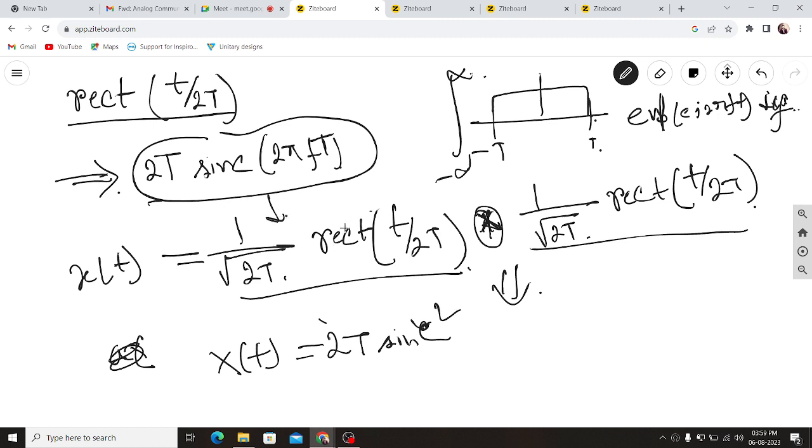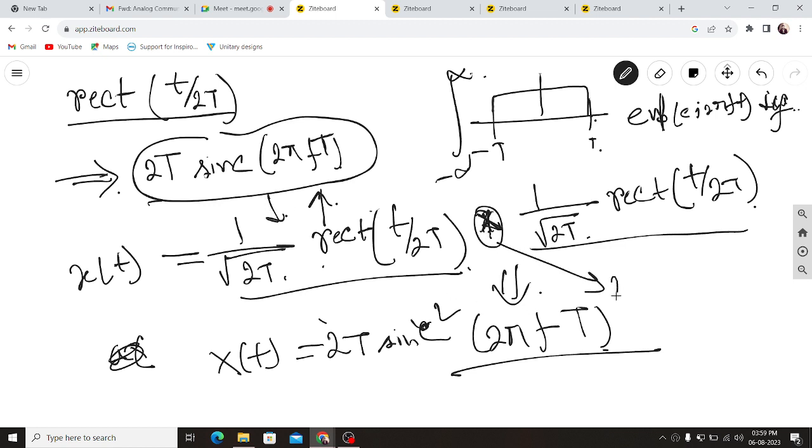I am just converting this rect to this sinc, converting from the time domain to the frequency domain and converting this convolution to multiplication.